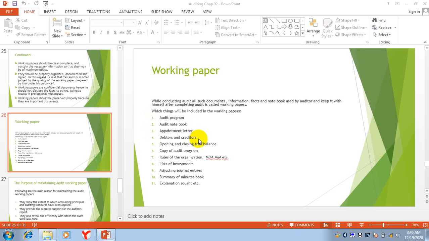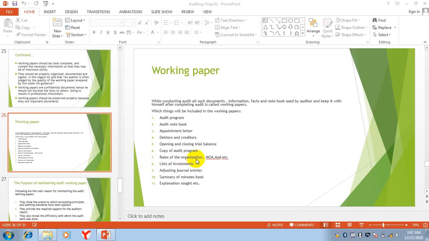Debtors and creditors, meaning the account receivables and account payables, getting information about these. Opening and closing trial balance, the opening trial balance of the company and the closing trial balance of the company, because he's using this trial balance in his audit. Copy of audit program, it is repeated.